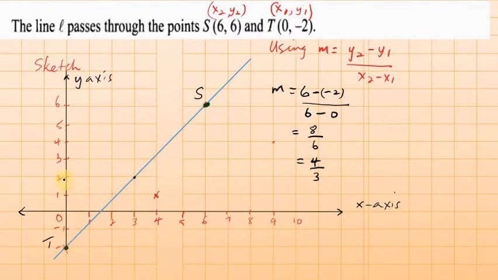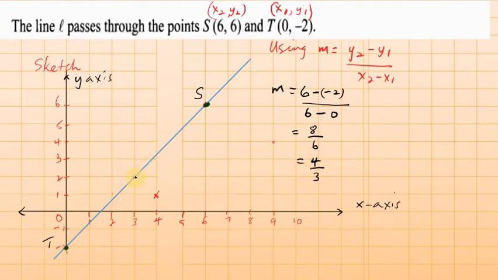Instead I need to go up by 4 and then come across by 3 to be on that intersection here. So bear in mind that you could make an error if it is a bit off. The gradient here is given by 4 over 3.